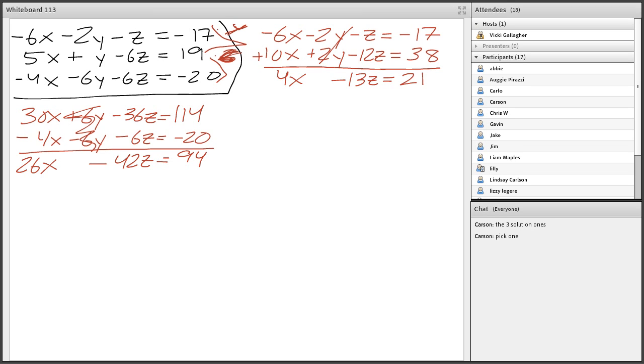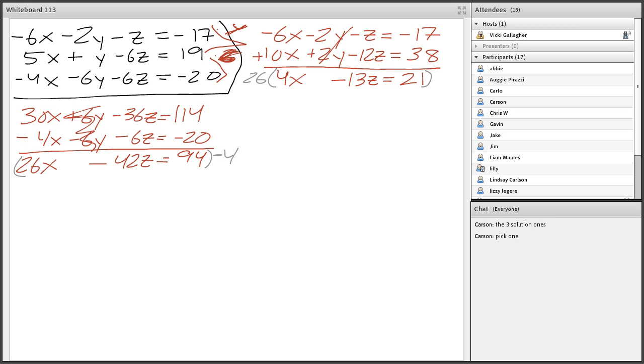You could multiply by something smaller, but I'm just going to multiply by what the other equation has. So I'm going to multiply that top one by 26. I'm going to multiply this bottom one by 4, and I'm going to make it a negative 4 because the x's right now are both positive, and I need one of them to turn into a negative. Okay, so the second one by negative 4, first one by 26.